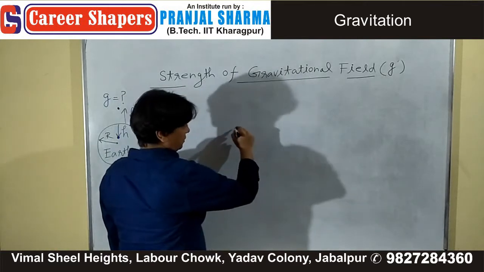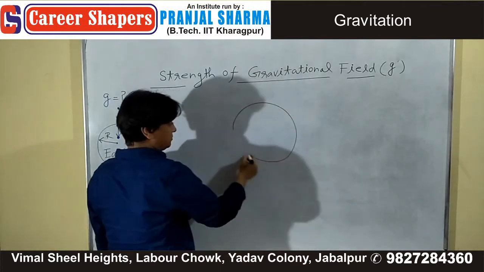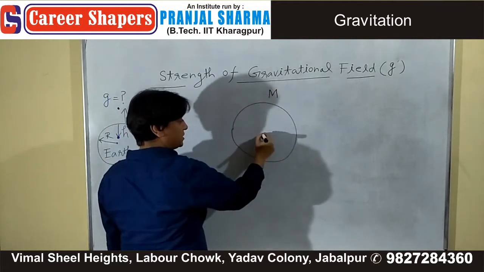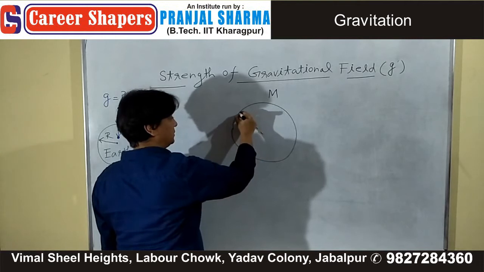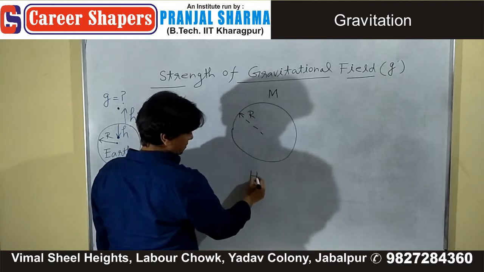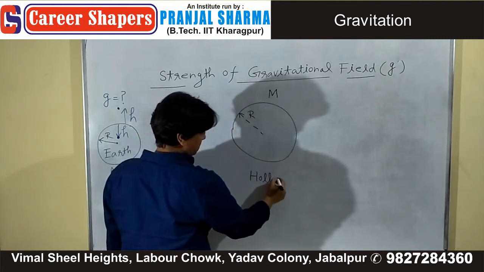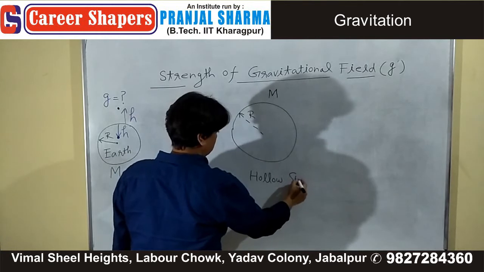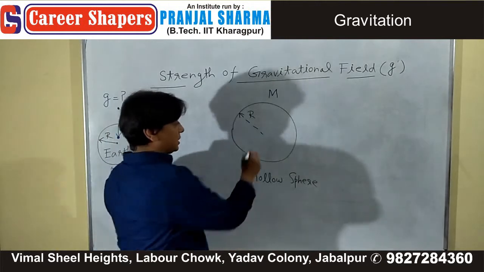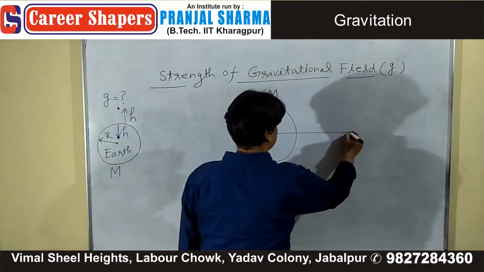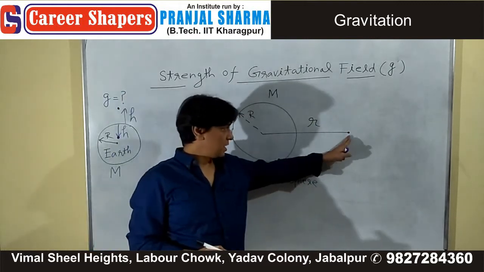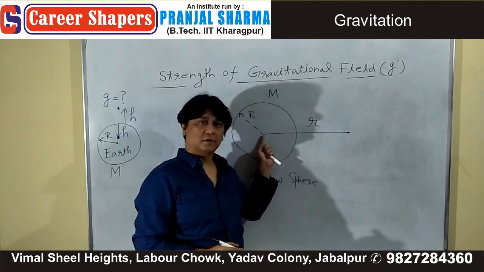If you have a hollow sphere of mass M and radius R, then the gravitational field strength at some point outside, at distance r from the center.